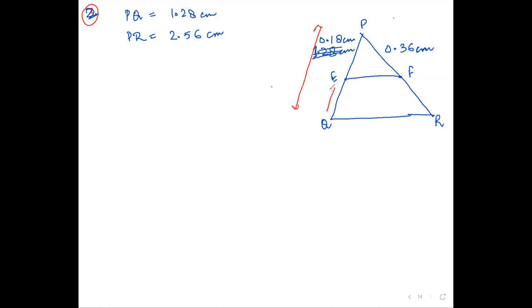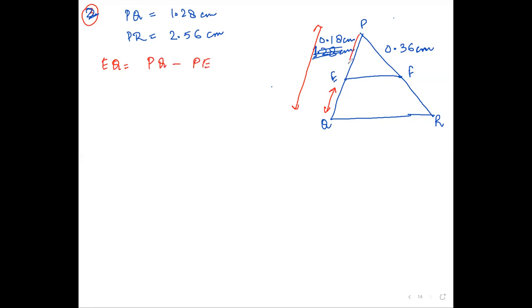In this question, the complete side is given, but you need this much, so you have to do one step extra first of all. How can you get EQ? Simple. Your EQ is your complete side PQ minus PE, isn't it?